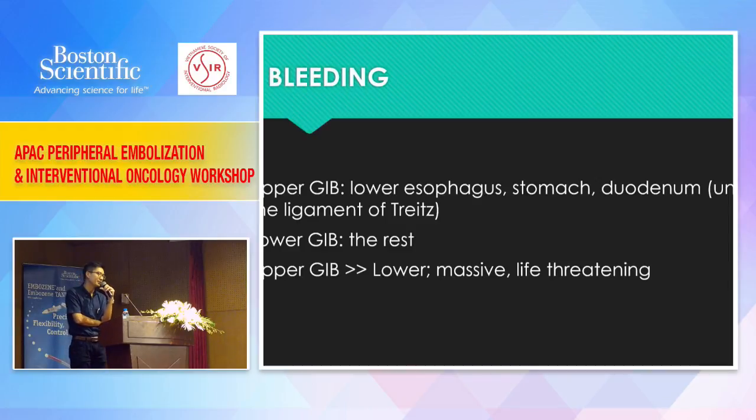GI bleeding can be divided into upper or lower GI bleeding, depending on the symptoms and the different techniques to stop bleeding. Normally, upper GI bleeding is more common than lower GI bleeding, and it is often massive and life-threatening.